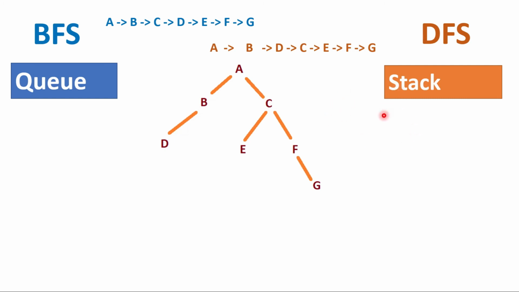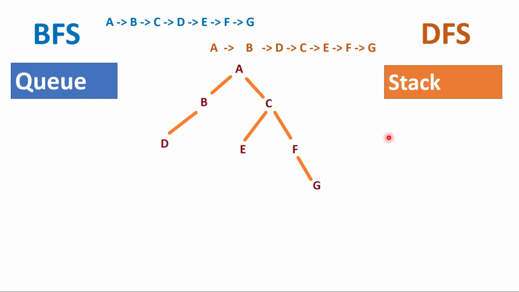Instead of stack, we can use recursion also to do the same thing. Okay, so now we understood where to use queue and where to use stack to solve BFS and DFS algorithms. Now one more important thing plays a role.